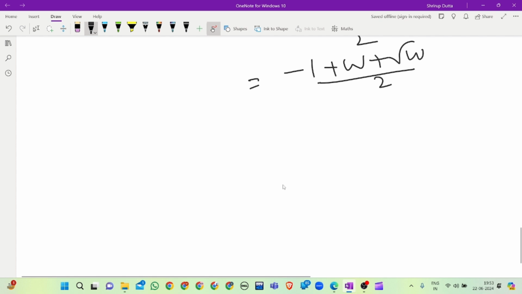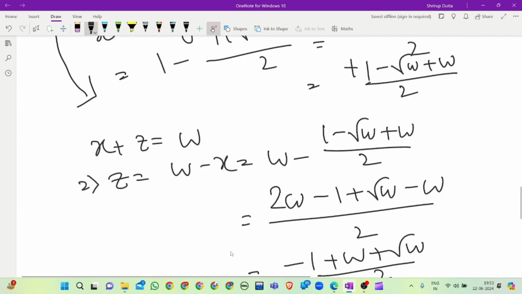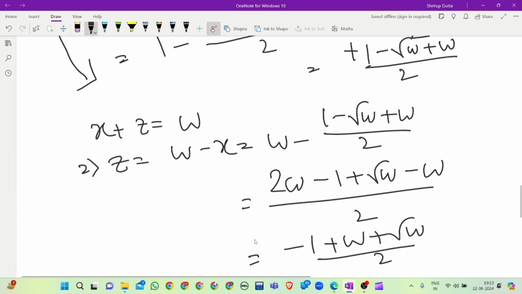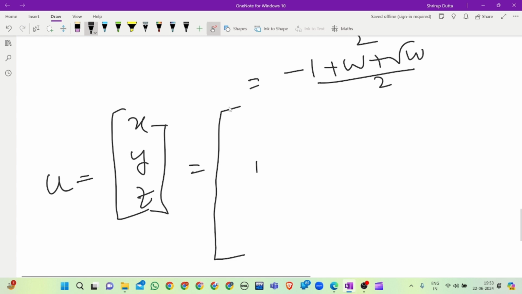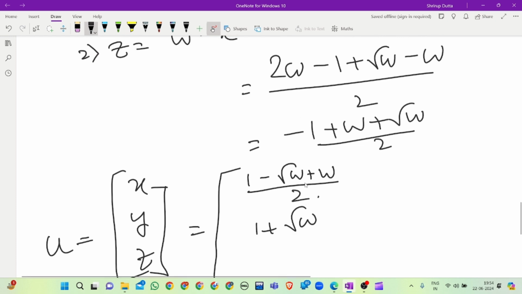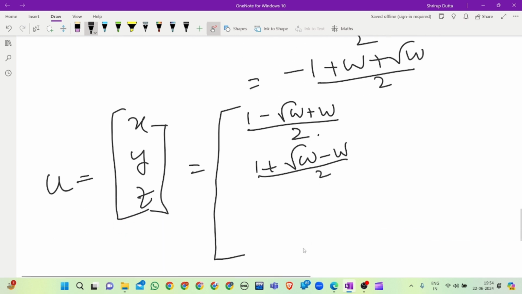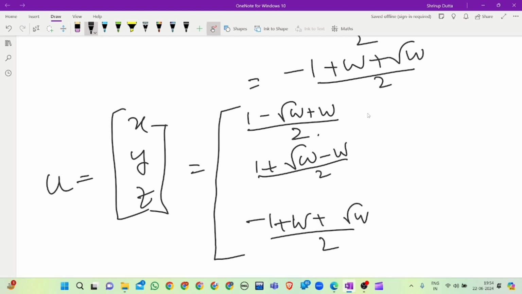So we will get a non-zero vector u, which is x, y, z, where x is 1 minus root omega plus omega by 2, and we have y equals 1 plus root omega minus omega by 2, and we have z is minus 1 plus omega plus root omega by 2, which is a non-zero vector.